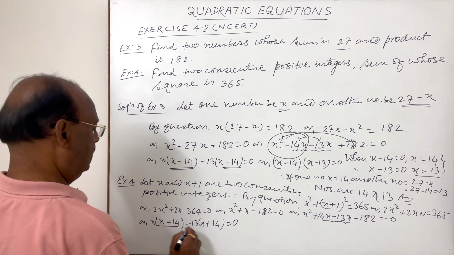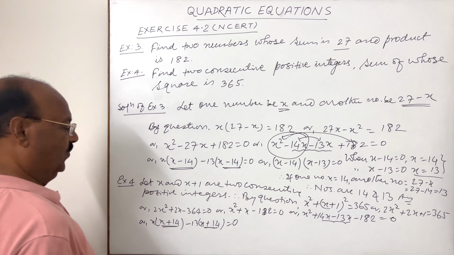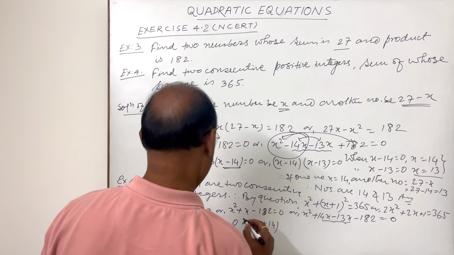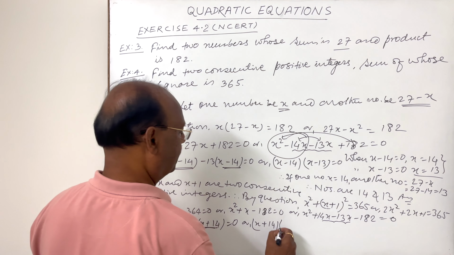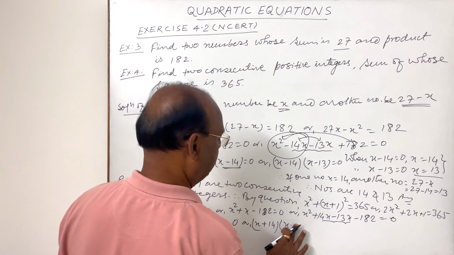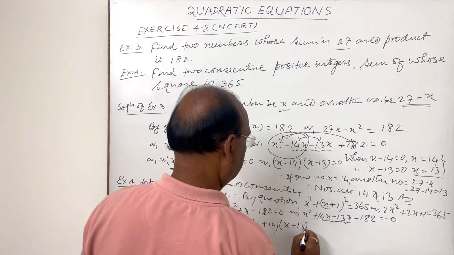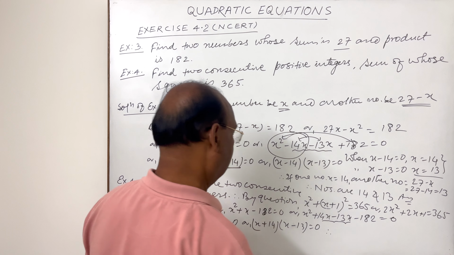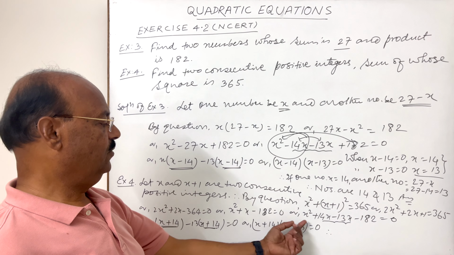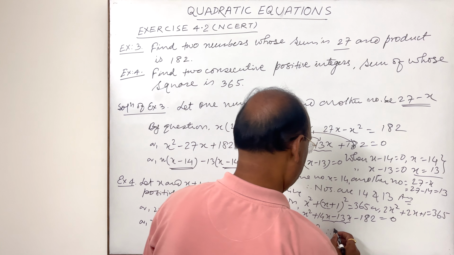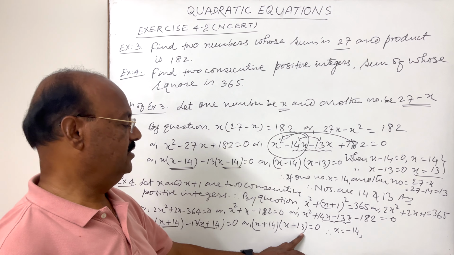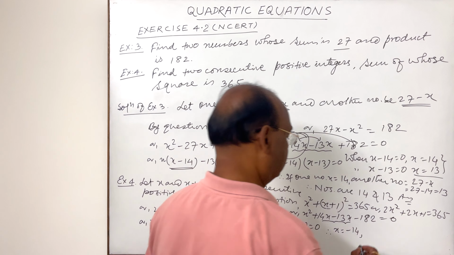Now x plus 14 is common in these two terms, so we can write x plus 14 common; from the first term x will remain, and from the second term we will get minus 13. This is equal to 0. Therefore we get two values of x. When x plus 14 is 0, x is equal to minus 14. And when x minus 13 is 0, x is equal to plus 13.